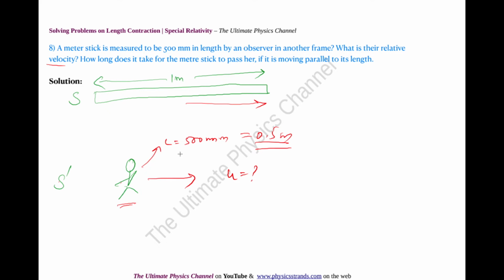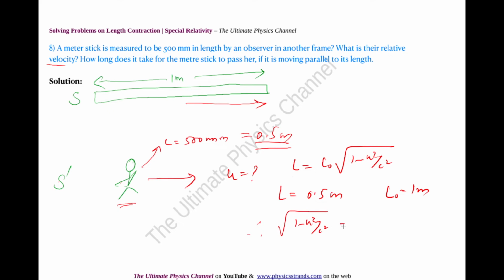So here L is equal to L naught times square root of 1 minus u squared over c squared is the formula to be used. The actual length is 1 meter. The measured L is only 0.5 meters. So L naught is 1 meter. And therefore, here we have square root of 1 minus u squared over c squared is 0.5.